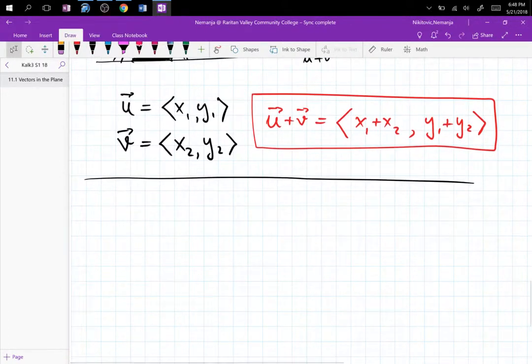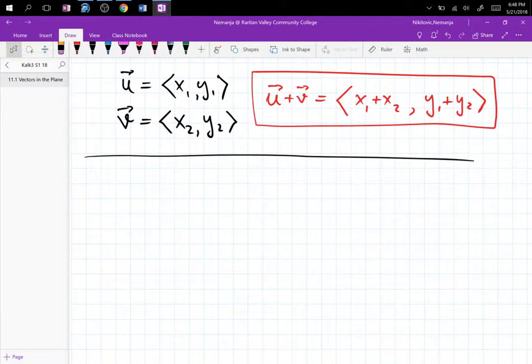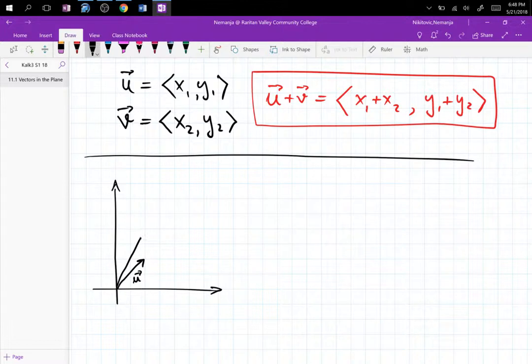So now, graphically, to add vectors, you will go with what we call the head-to-tail method, where you say you have vector u and vector v.